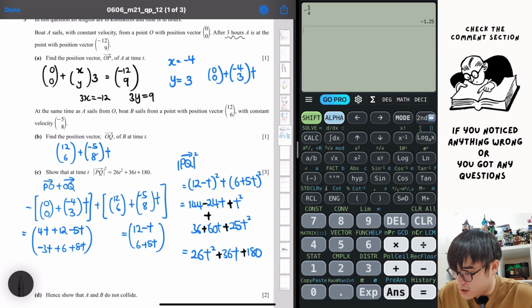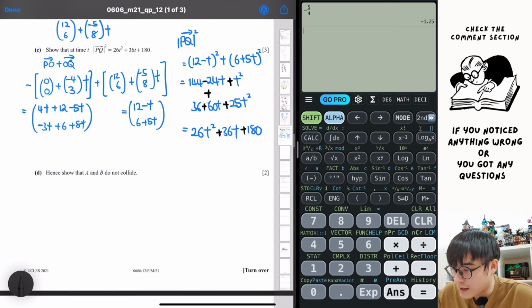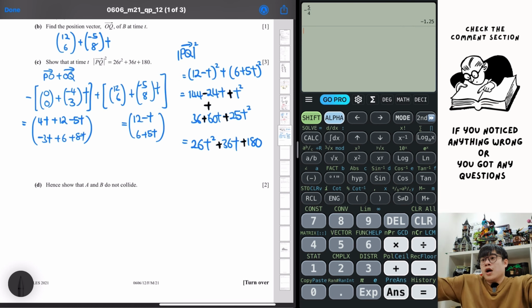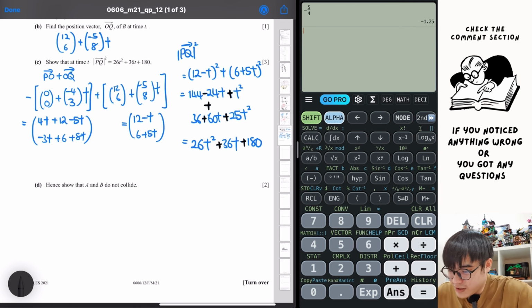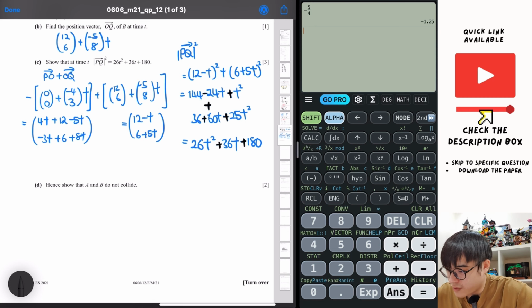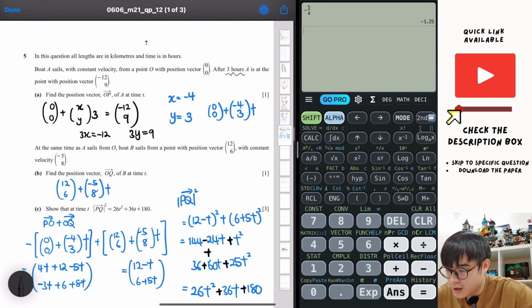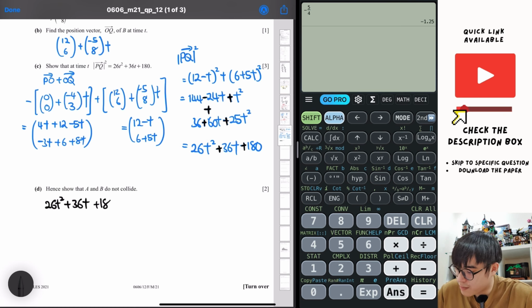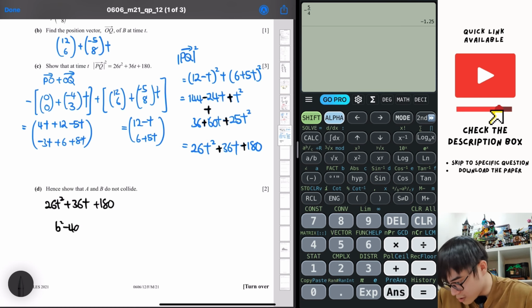In part D, they want you to show that A and B do not collide. So you're going to run your calculation here. What we have will be our 26t squared plus 36t plus 180. You run your b squared minus 4ac calculation. So you actually have 36 squared minus 4, 26 and 180.